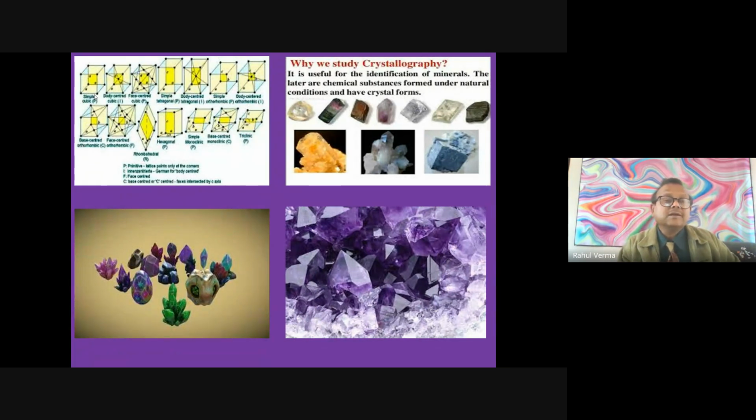So some of the minerals which form in the cubic system always have all their dimensions the same. A good example is galena. You can see it here. And some are like this. One axis is long, so they are orthorhombic. You can see here.